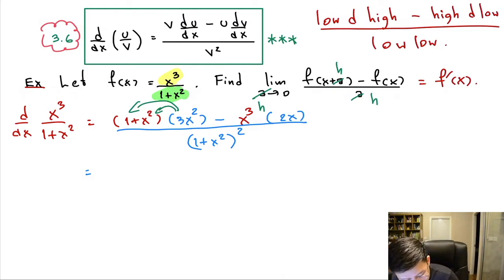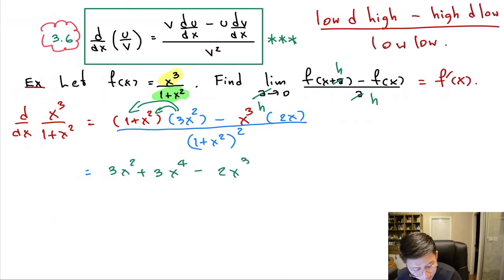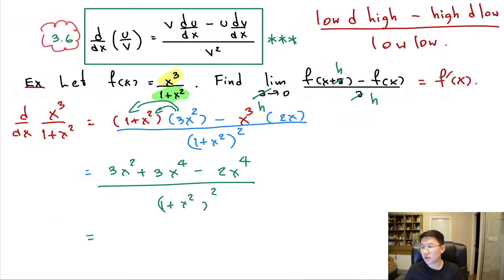So I get 3x squared plus 3x to the power of 4 minus 2x to the power of 4, over 1 plus x squared, which is 3x squared plus x to the power of 4, divided by 1 plus x squared, and that is the answer.